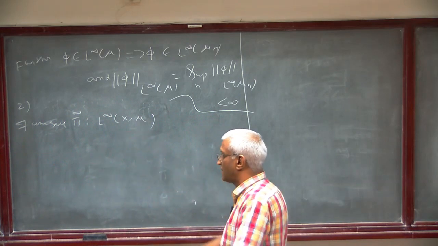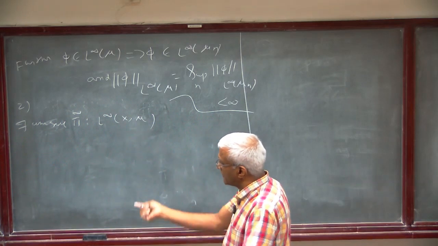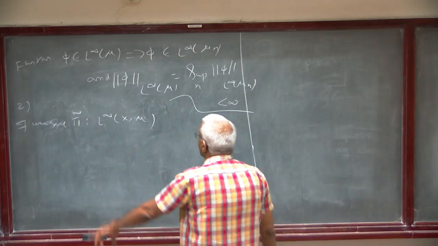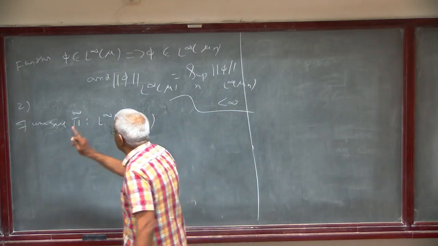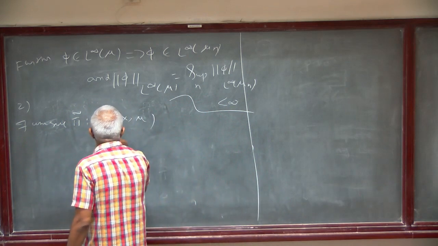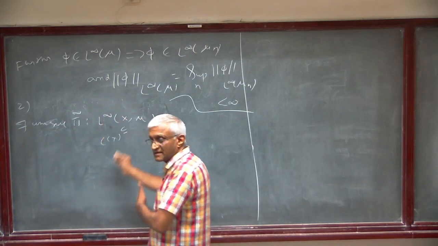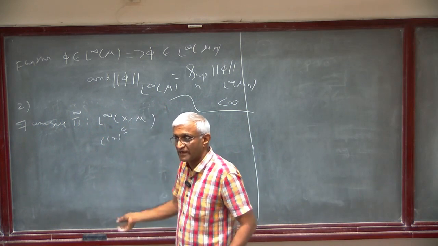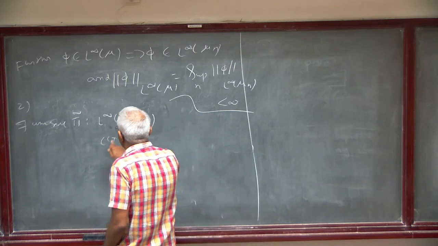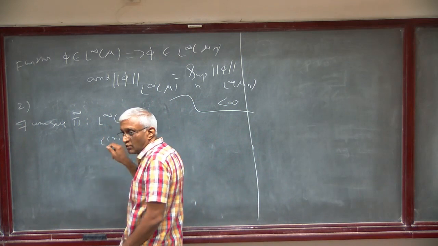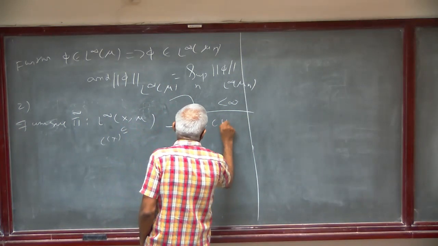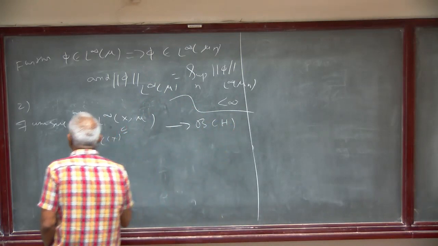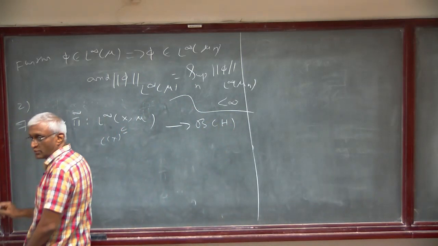Using that pi, we got a family of measures, and from the family of measures, we got a single measure. This L infinity(X, mu) is essentially bounded, so this is contained inside B(H). What is now true?